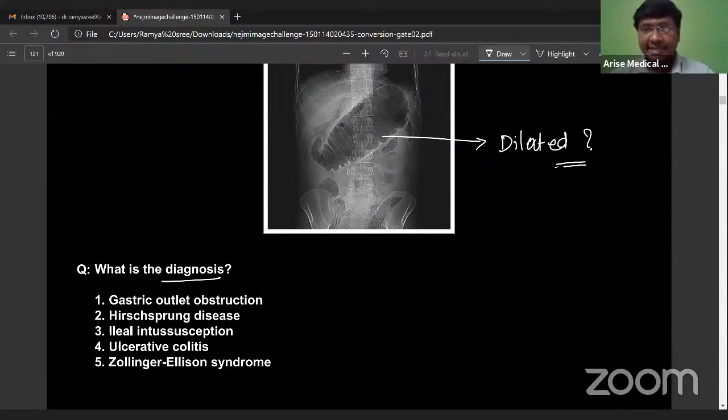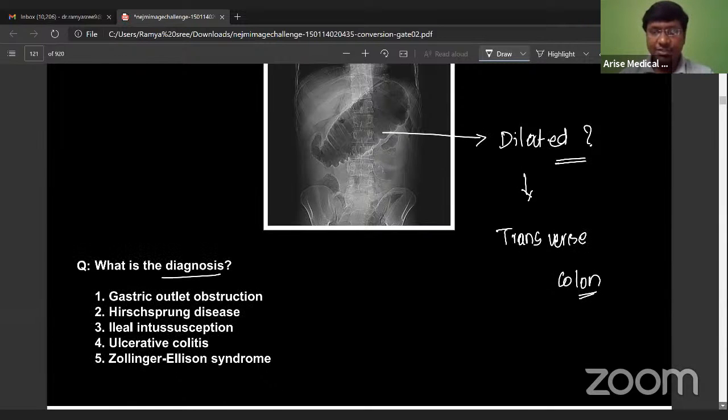The dilated structure shown to you in the abdominal X-ray is your transverse colon. Now, based on this, tell me what the answer will be. The structure which has been abnormally dilated is your transverse colon. It is not the stomach.